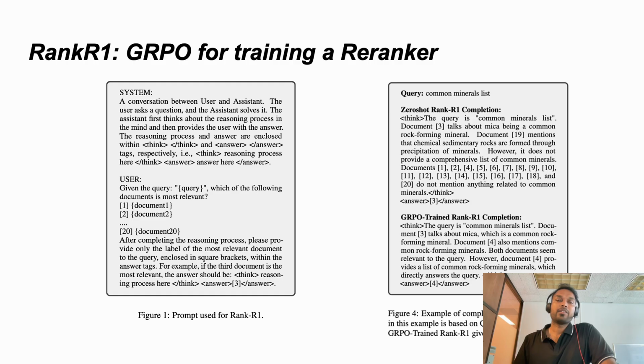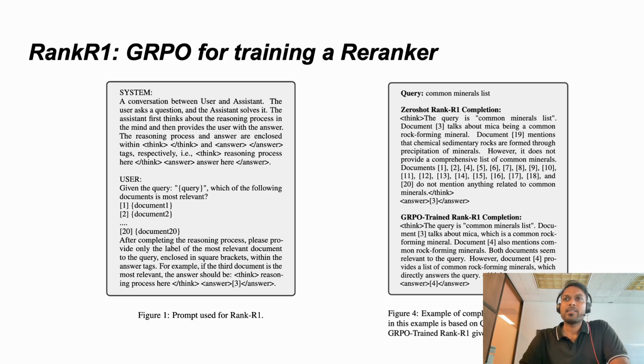And the reward used for GRPO was just the exact match with the document ID. So here you see how GRPO is used to implicitly learn better reasoning processes for ranking or re-ranking decisions.